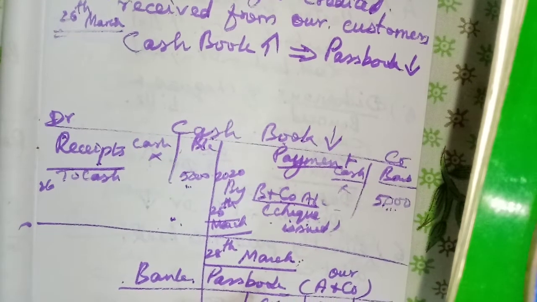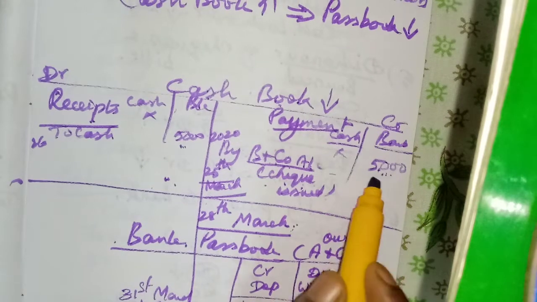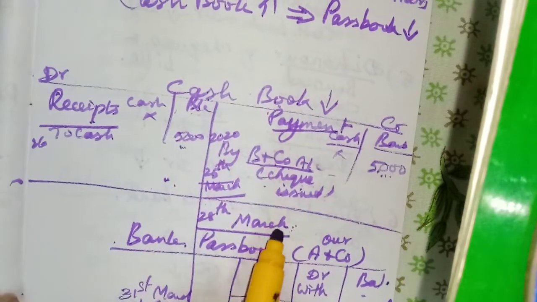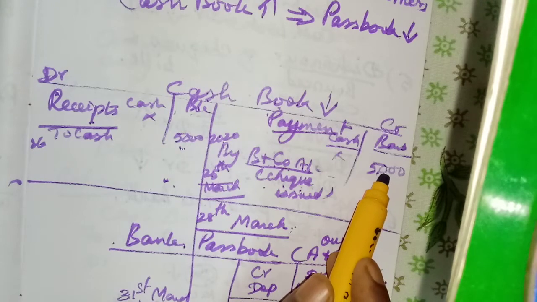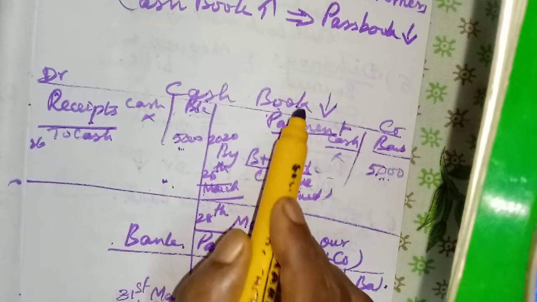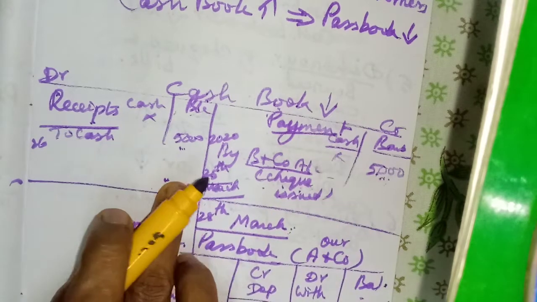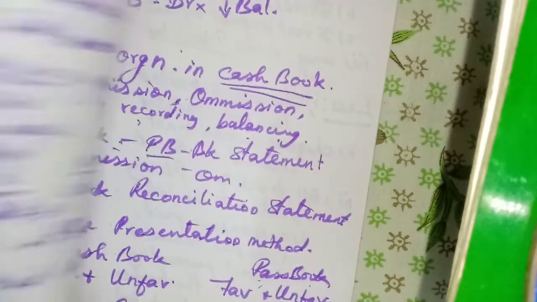But it is not presented for payment. So in the cash book we have entered it here, and the cash book shows less balance, because the payment we have entered shows less balance.